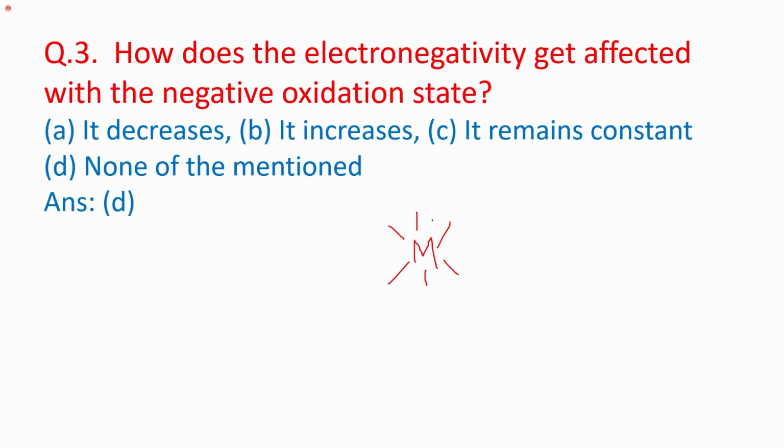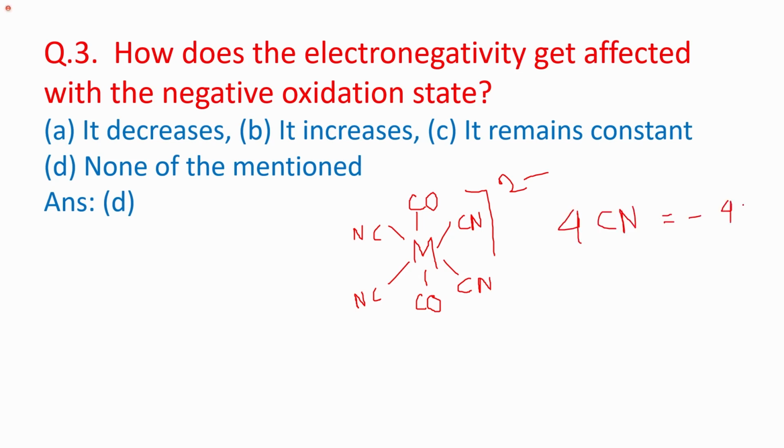Now we need a negative oxidation state of the metal. So 4 CN is there, 4 minus electron, and 2 CO, that means neutral, which means L type ligand. So first I will discuss what L type and X type are.